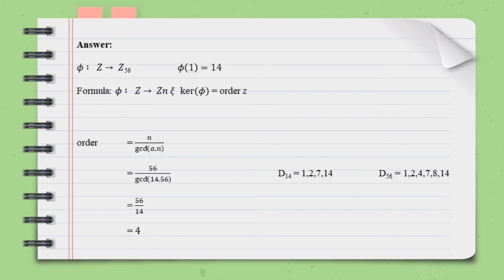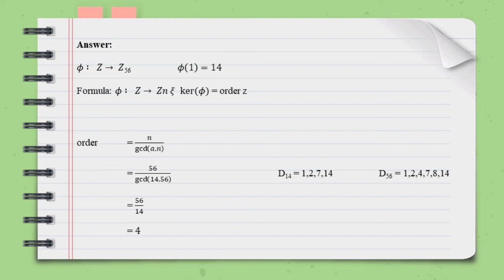From the question, we have phi from the integers onto the group of integers modulo 56, and phi(1) equals 14. For the formula, if phi is from the integers onto the group of integers modulo n, then the kernel of phi equals the order of phi(1) times Z. Then the order equals n over GCD(a, n), which equals 56 over GCD(14, 56).